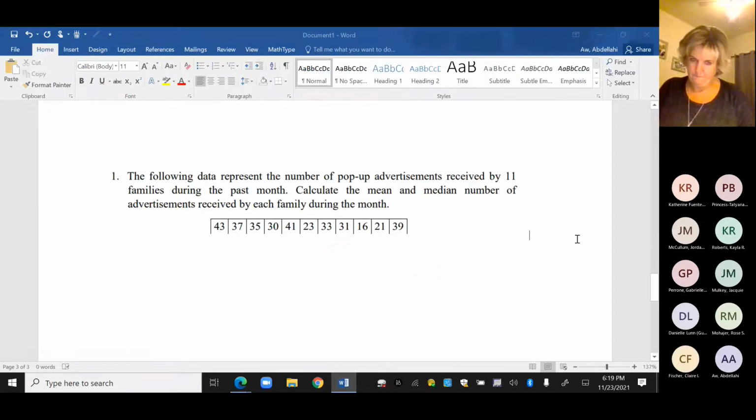I'll give you a good 5 minutes where everybody tries to find the mean and the median. By the way, for the mean, do we need any reordering? Is it mandatory for the mean? No. For the median, is it mandatory? Yes, it is. Exactly. Go ahead, please.